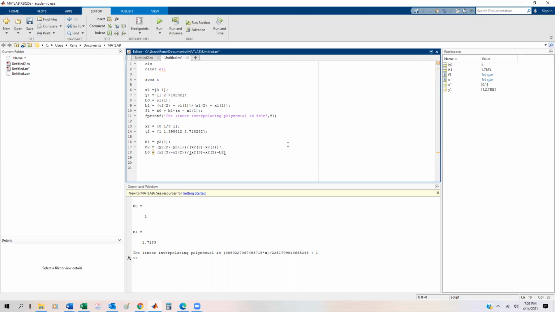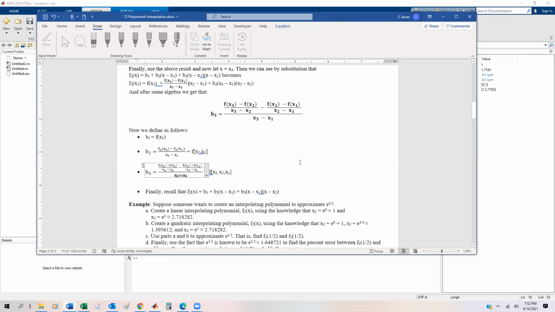And this is all a numerator, so I'll add another set of parentheses, and then we're going to divide that by x3, so it's x2, 3 minus x2, 1. Again, I know it's tough to follow sometimes, but all I did was use these formulas right here. By the way, this should just be an F, not an F2.